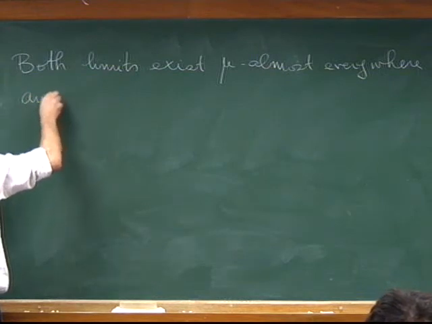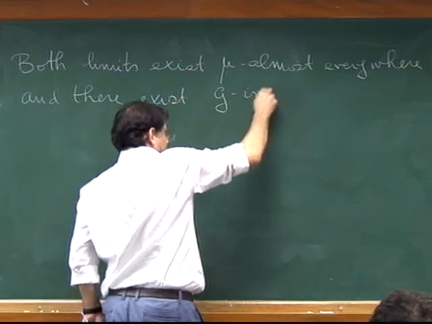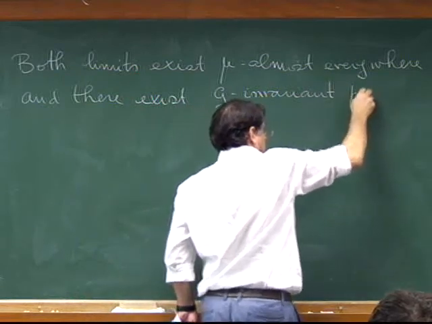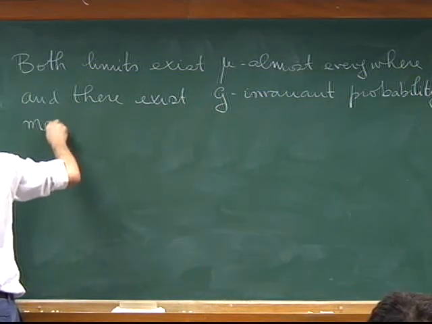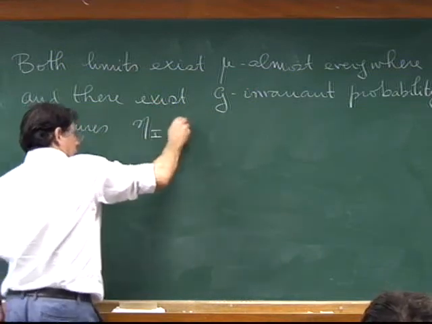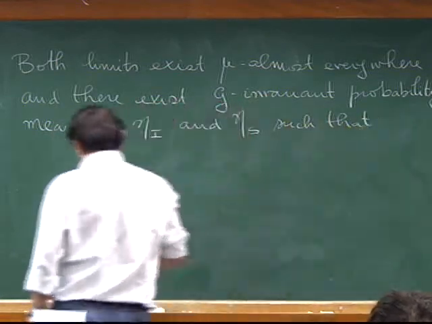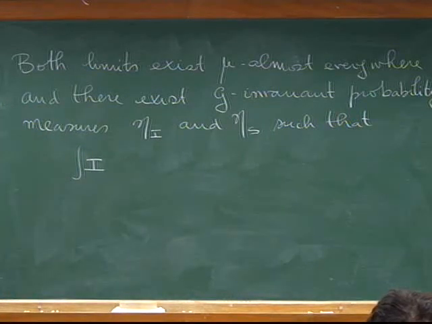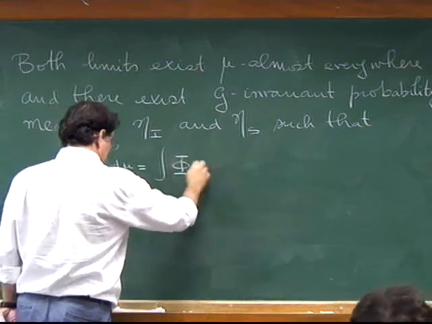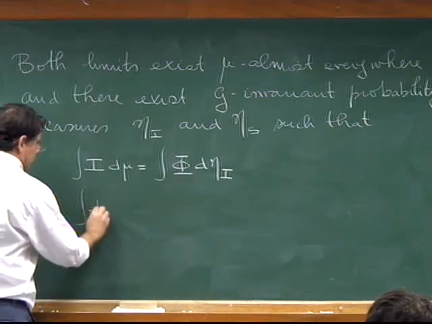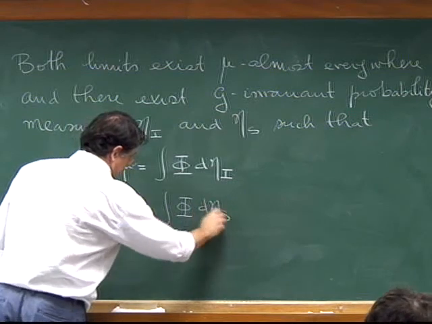And there exist G invariant probability measures eta_I and eta_S such that the integral of I d mu is the integral of phi d eta_I, and the integral of S d mu is the integral of phi d eta_S.